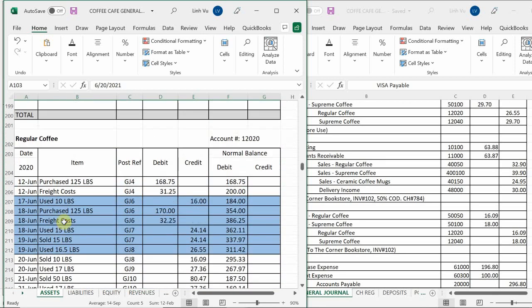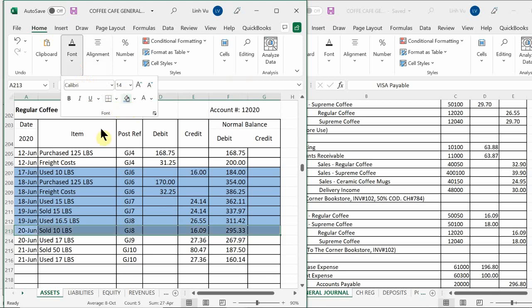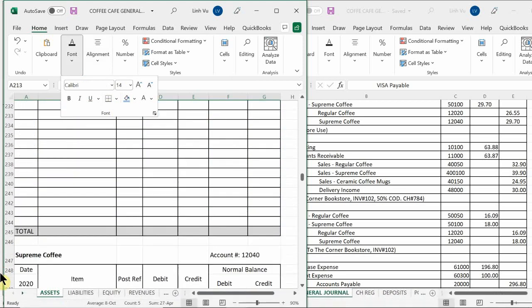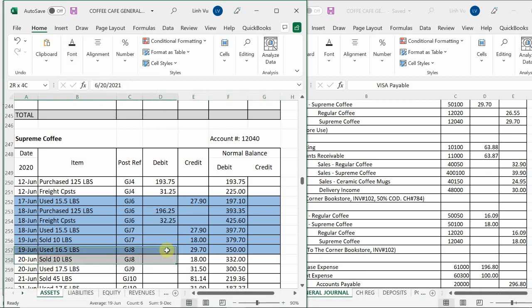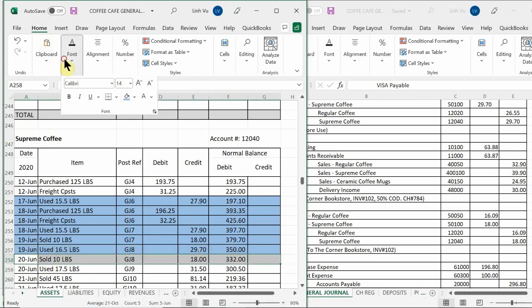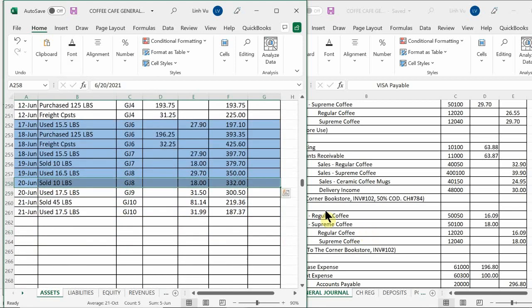So here's our regular coffee for the $16. And the Supreme coffee for the 18.